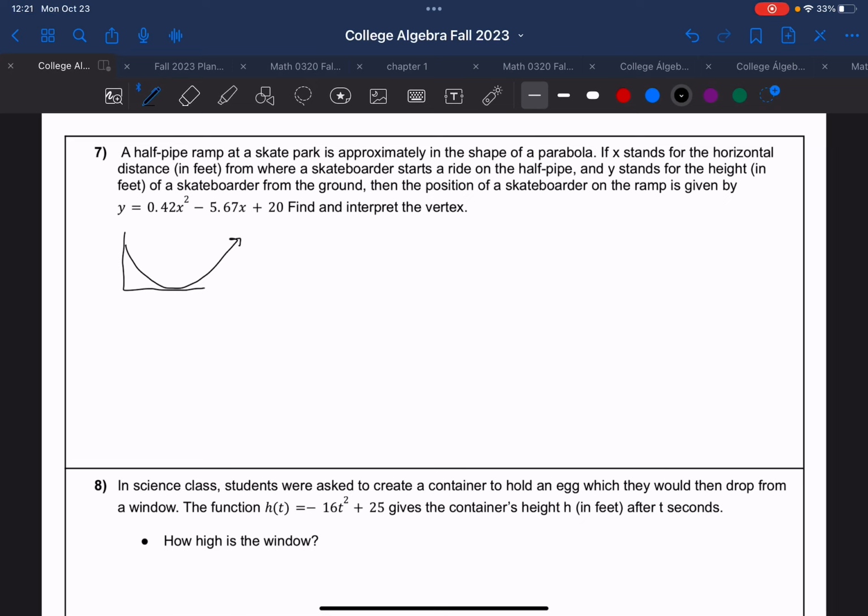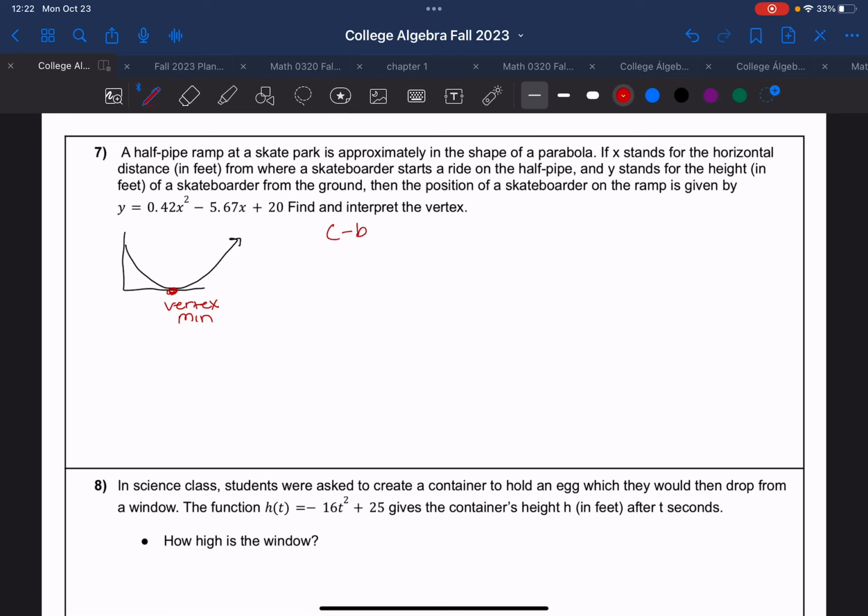So it's asking us to find the vertex and to interpret that vertex. This is the first problem where we have a parabola that is now opening up, meaning when we find our vertex, we're going to be finding the minimum value. So we're going to continue using the vertex formula.